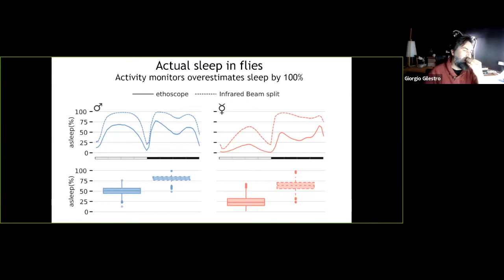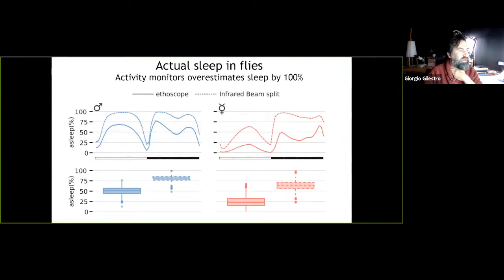And what you see is that the sleep pattern in male and female is relatively similar, independently of what system you use. So you do see an increase of sleep during the night. So flies do tend to sleep mostly during the night, which makes a lot of sense for an animal that flies, insects in general.